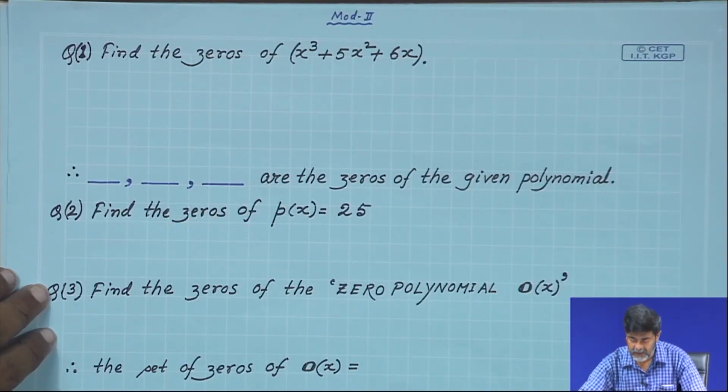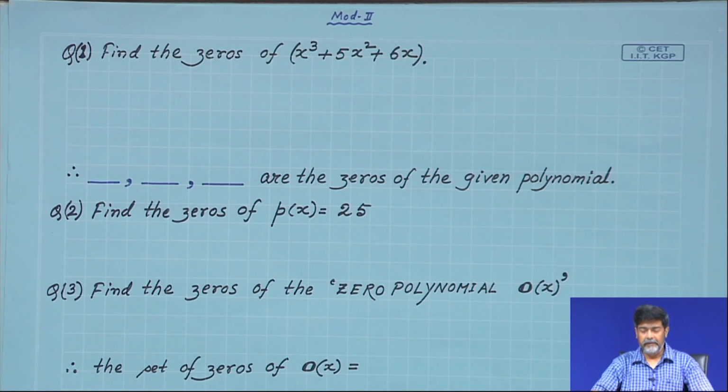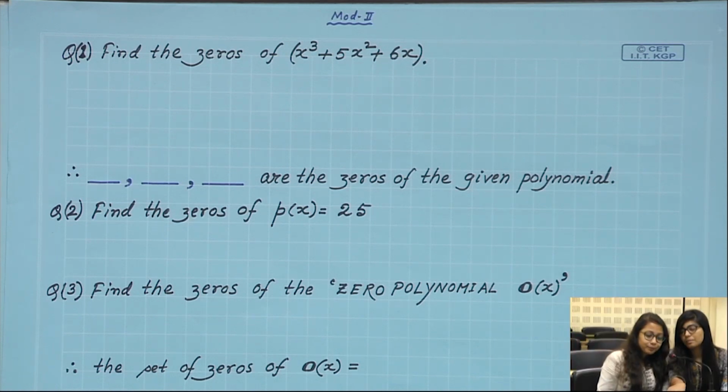Now, I am giving you a polynomial, namely x cube plus 5x square plus 6x. Take some time and find the zeros of this very polynomial. Okay, sir.